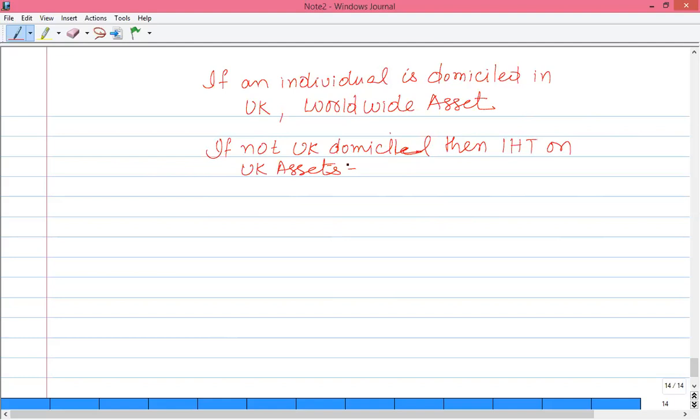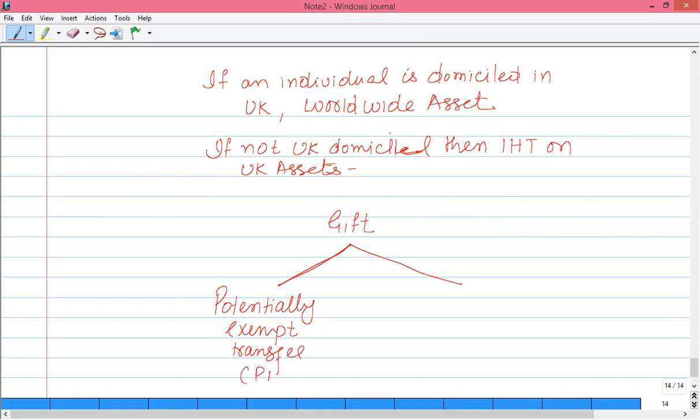Now, IHT is usually payable on gifts, so the gifts can be classified as potentially exempt transfer, that is PET, or chargeable lifetime transfer, that is CLT.